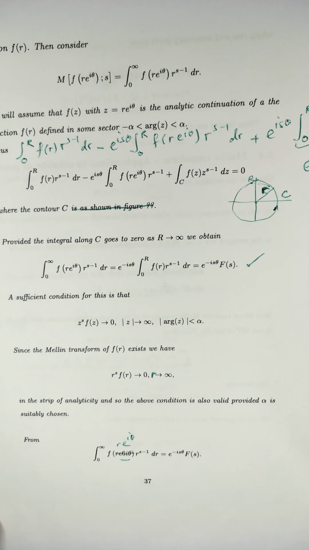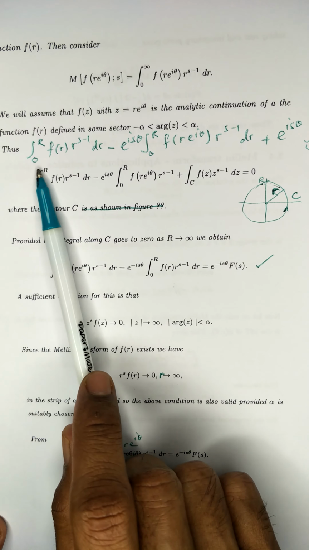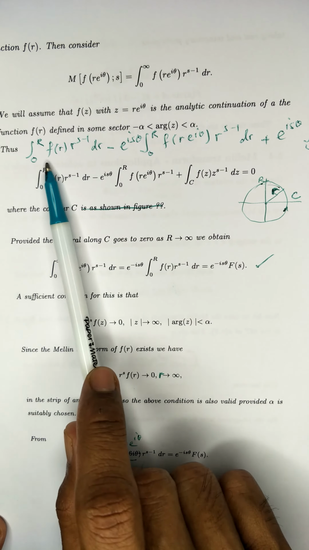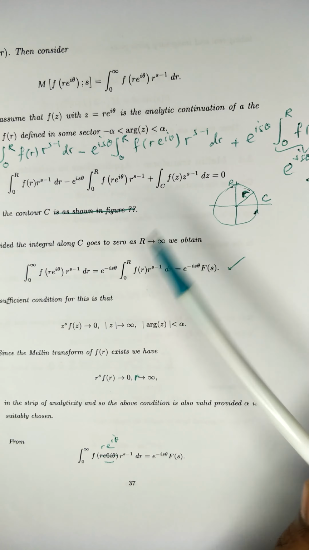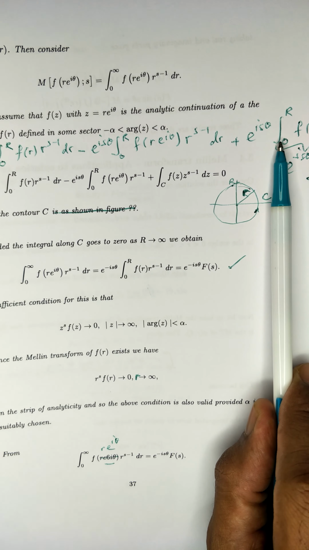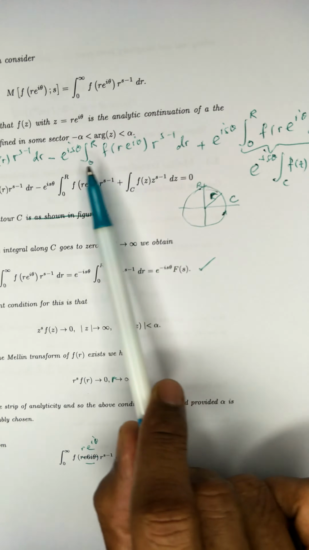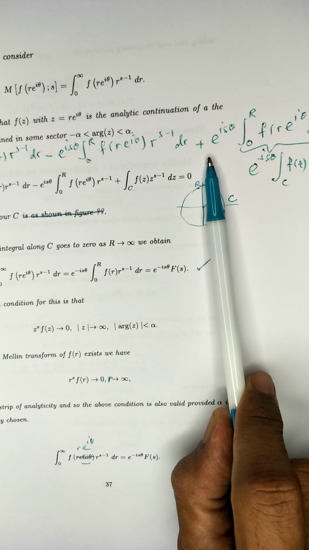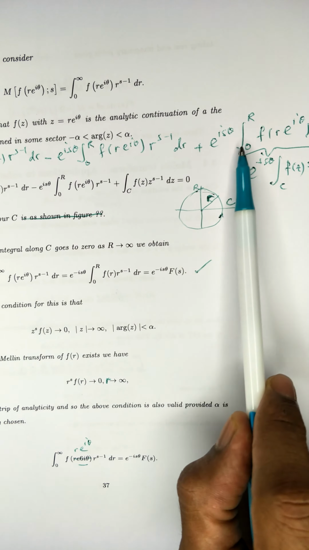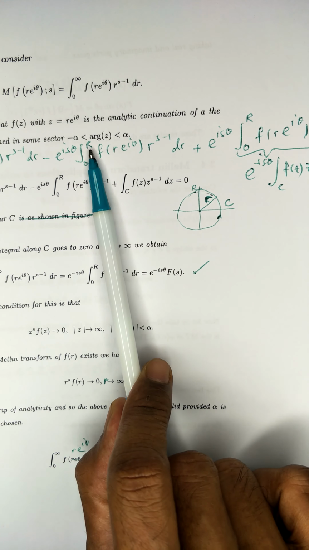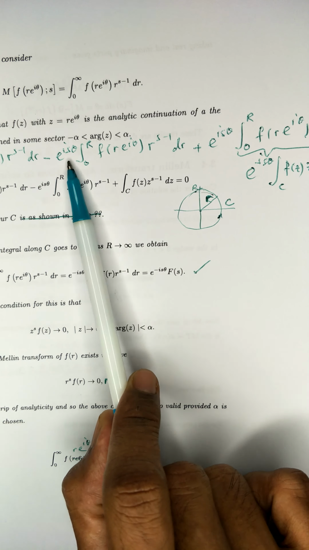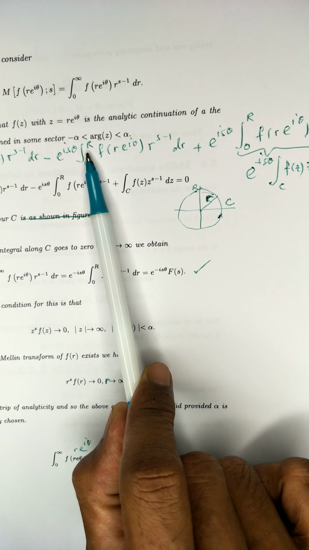What we do here is this part and this part are just 0. Actually we just subtract and add the same thing. Even though the limits here are different, we take the limit as r goes to infinity.